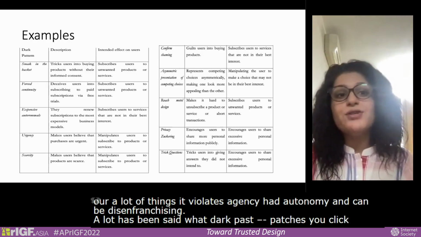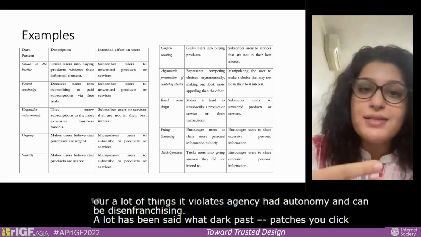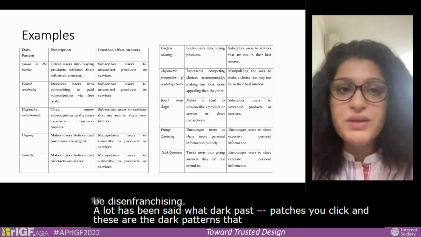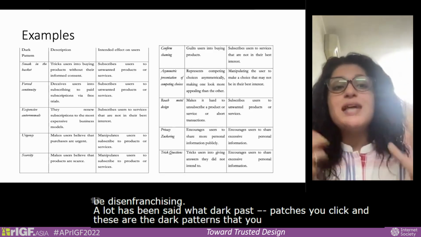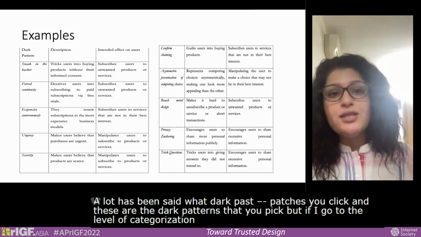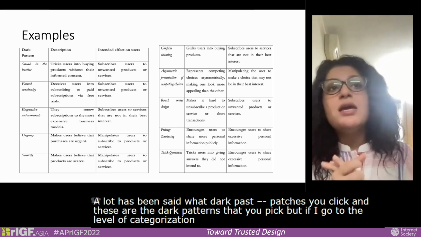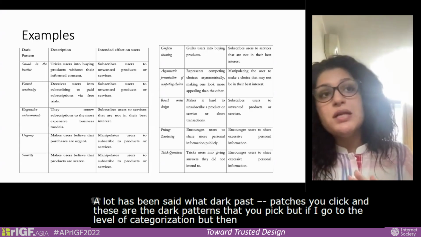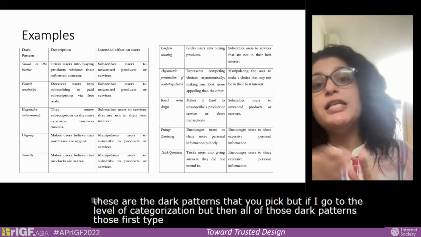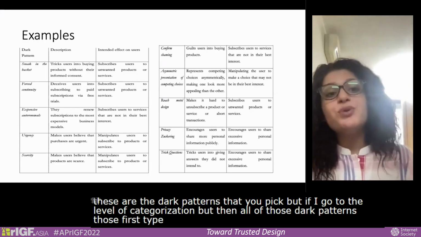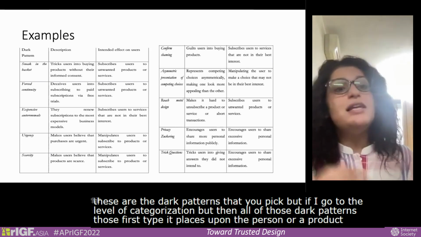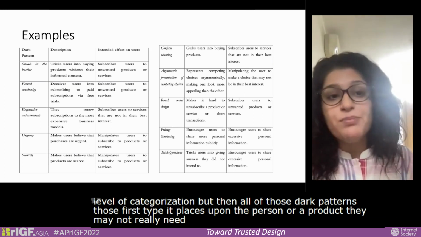But really, if I had to go to the level of categorization, then like many speakers before me have said, there are two types of dark patterns, really. The first kind of dark pattern imposes upon the person a product they might not really need, right? And they might do it in a couple of ways. One is literally just sneaking the product in the basket.